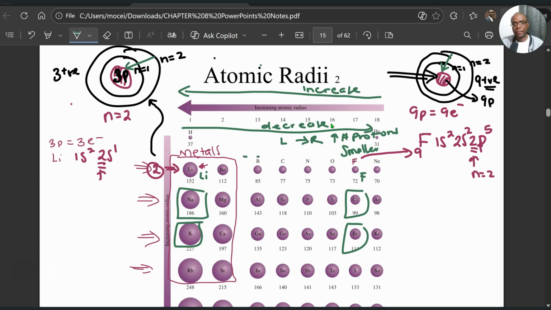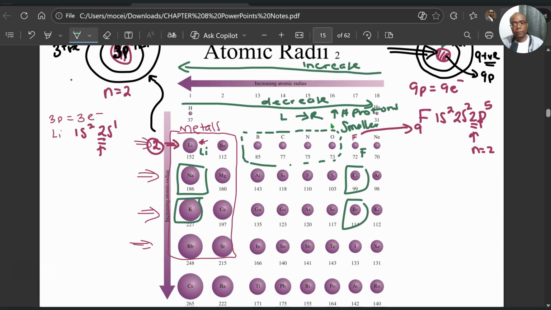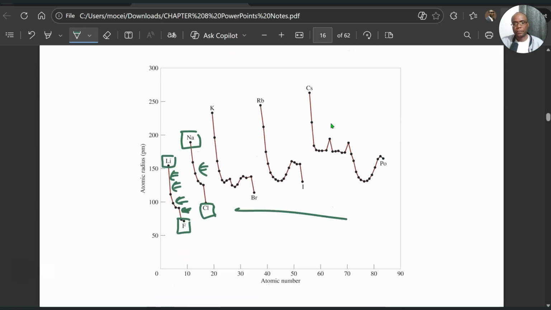You have these other elements right here. So the atomic radii will generally also decrease, as you can see, the drop. And the same applies if you compare sodium and chlorine. You have other elements in between. Sodium is right here, chlorine is right here, and those other elements generally have a drop in their atomic radius, and so on and so on.